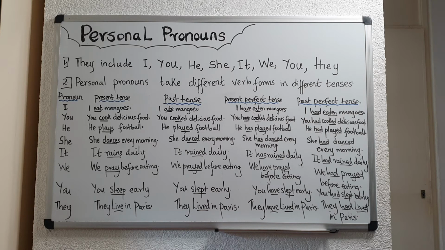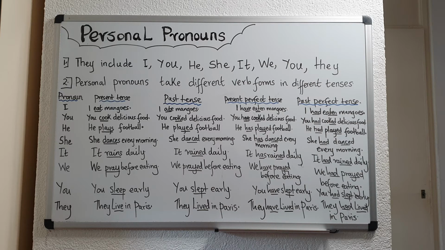In the present perfect tense, it becomes he has played football. Now that is also different. Whenever you choose the pronoun he in the present perfect tense, you have to use it with has. He has played football. You can never say he have played football.